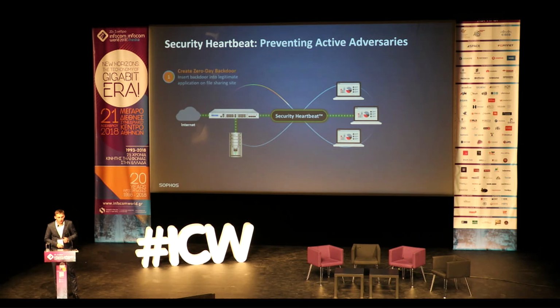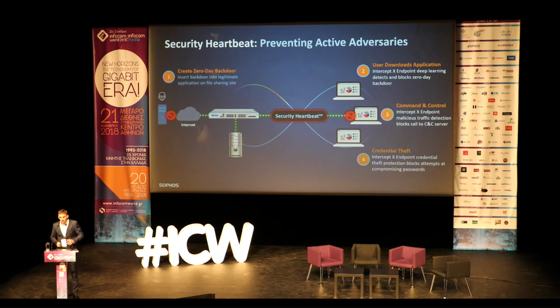This is the first thing, and of course, it doesn't matter if we are talking about infections which we are able to recognize because we have signatures, because in Intercept X we are also using machine learning without signatures, so we are able to discover threats using only these machine learning techniques.